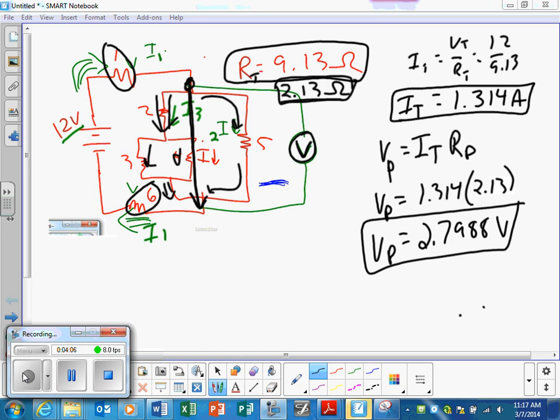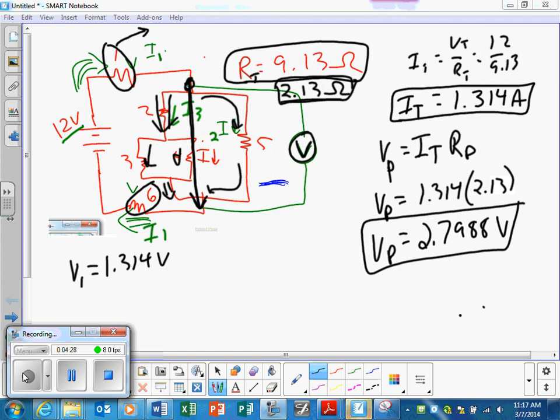Now, could I have done that another way? Yeah, I could have figured out the volts that I drop out here, right? So the volt drop across the 1 is going to be equal to the current times 1 ohm, which would be 1.314 volts, because it's a 1 ohm resistor.